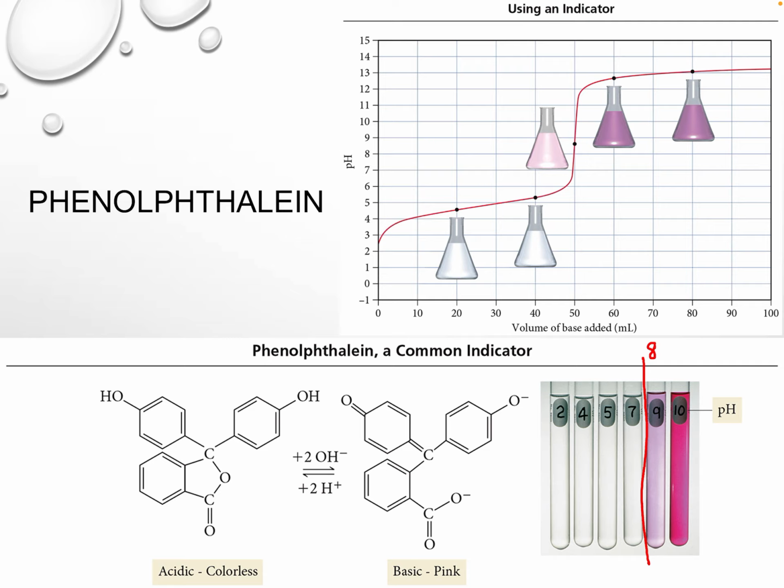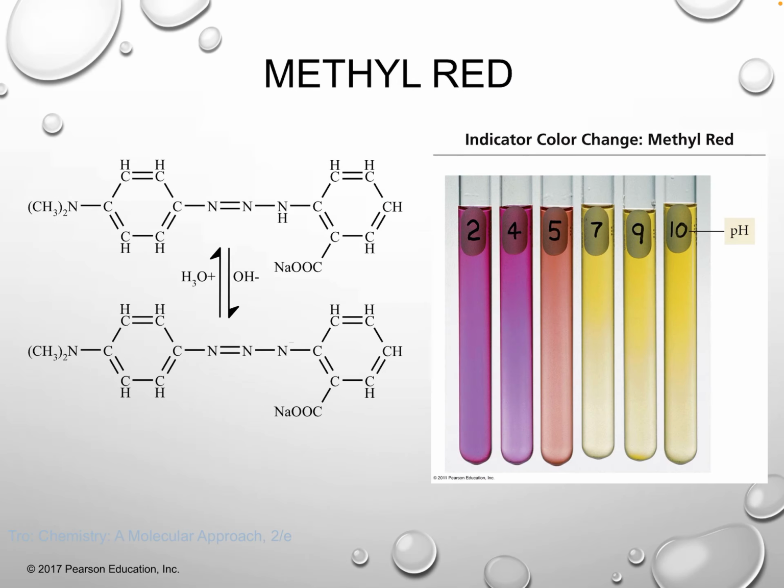So phenolphthalein is really good for a weak acid, strong base titration. Okay, because again, at the equivalence point, all of that weak acid will be converted into conjugate base, which makes our pH slightly higher at the equivalence point. So really good for that.